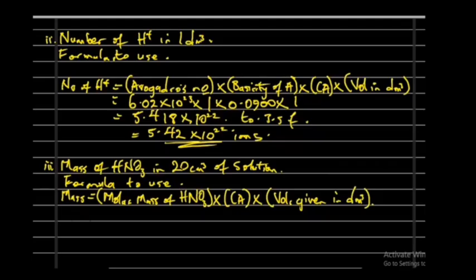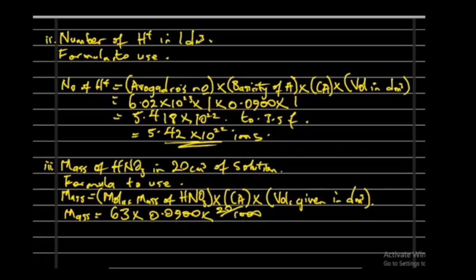So we have it looking like this. Mass equals our molar mass for HNO3, which is 63, multiplied by our Ca, which is 0.0900, multiplied by our volume given in dm cube, which is 20 divided by 1000. Remember, we're converting 20 centimeter cube to dm cube.